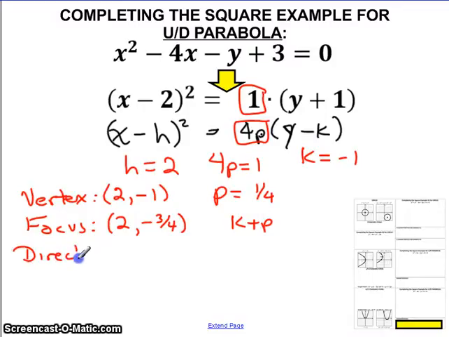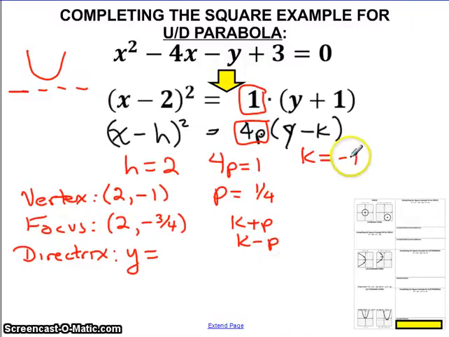And our directrix, this time since we have a parabola opening up, is going to be horizontal. And so a horizontal line has the equation y equals, the directrix will be y equals k minus p, which is -1 minus another quarter, -1 and 1/4, and we can also write that as -5/4.